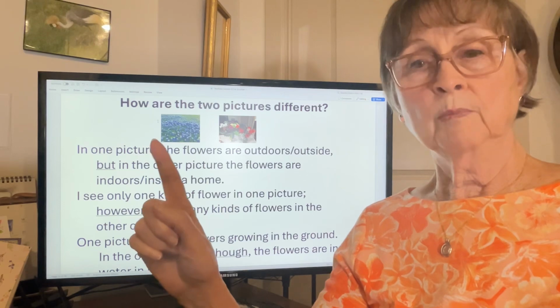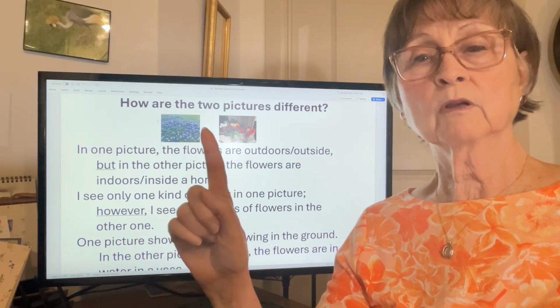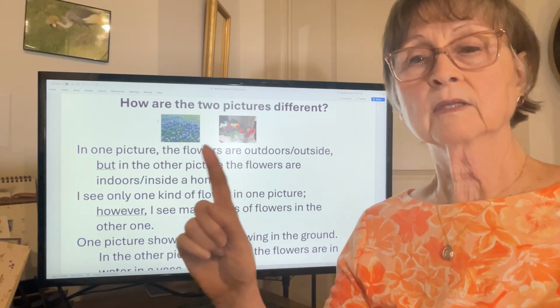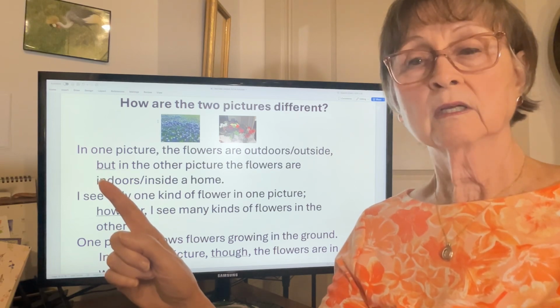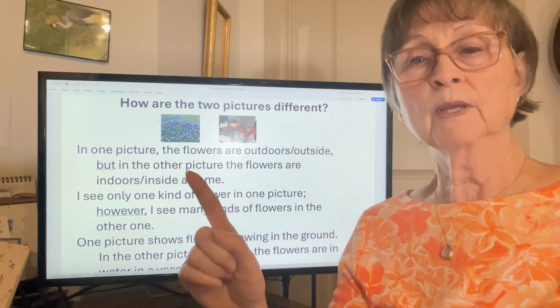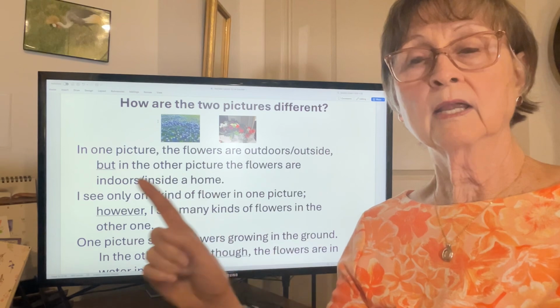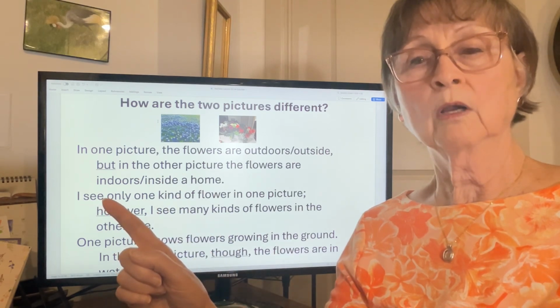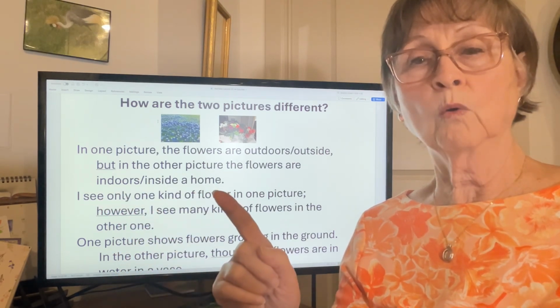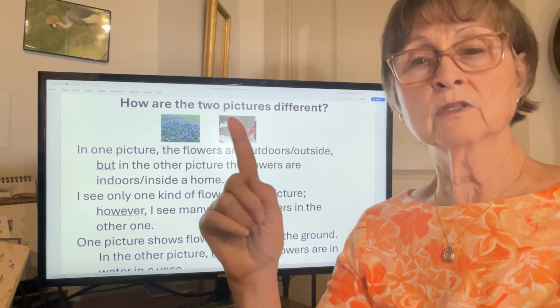I'm talking about one picture. Now I've got to talk about the other picture. But in the other picture, the flowers are indoors, inside a home.